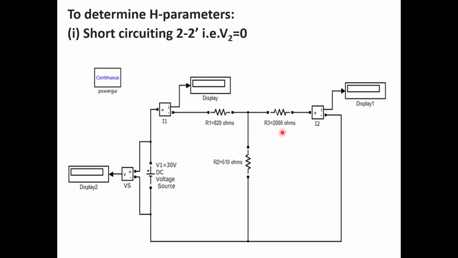And a current measurement is connected in series with this 2000 ohms, and whatever current is flowing through this 2000 ohms resistor will be displayed here in this display.